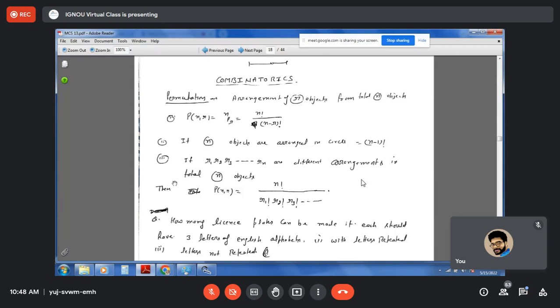Let's say in a class, the students are sitting wearing different colors of dresses. Now, a teacher says the students who are wearing the white shirt, they sit in the front chairs.